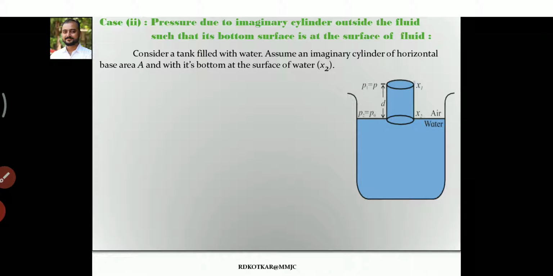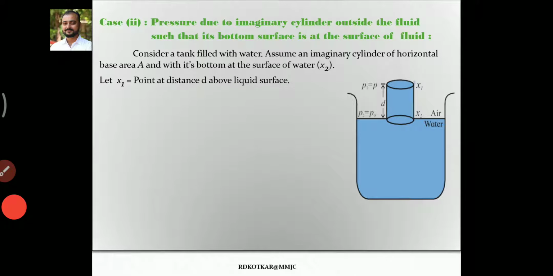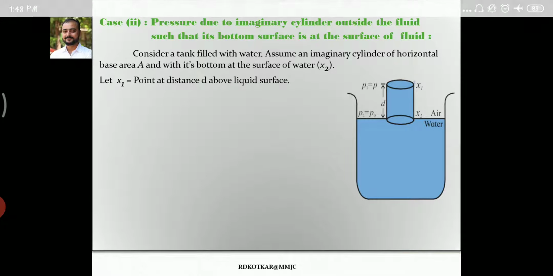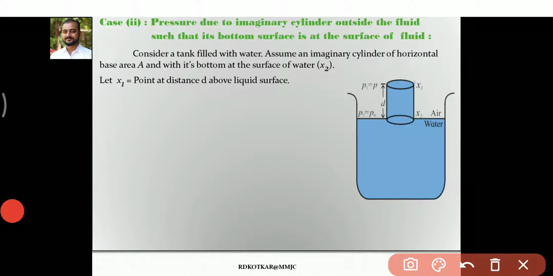So in this manner we consider the water filled in a cylinder or a tank. Assume the imaginary cylinder whose area of cross section is A and its bottom surface is on the surface of water, say at position x2. Let x1 be the point which is present at a distance d above the liquid surface. As you observe here, x1 is present at a distance d above the liquid surface. In the previous case we studied below the liquid surface at height h, meaning at depth h.